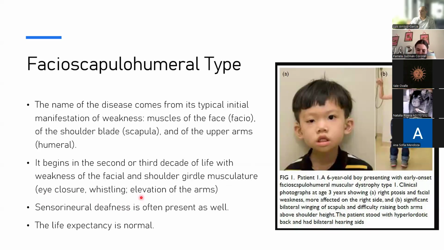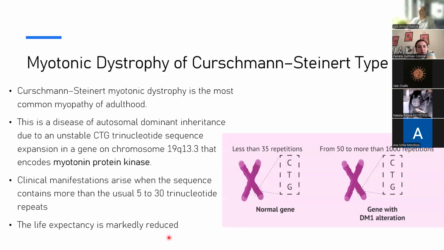Sensorineural deafness is often present, and the life expectancy is normal. So in comparison with the other two, with Duchenne's the patients die quite young. Then we have Becker that goes a bit later in life, 40, 50 years, and these can live like normal.